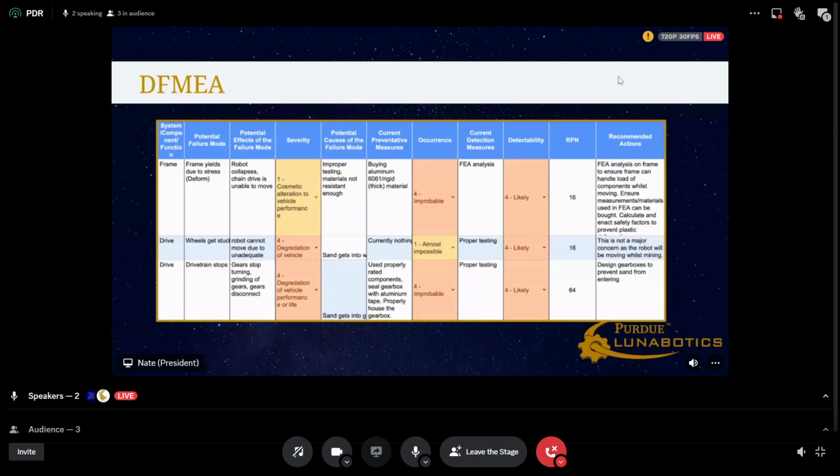I think so. We'll revise the DFMEAs after PDR, running should have accurate. It might be one where one was more severe, so my guess is it was done and someone just said, oh, I should change that.